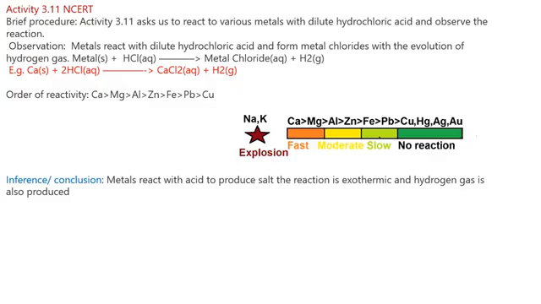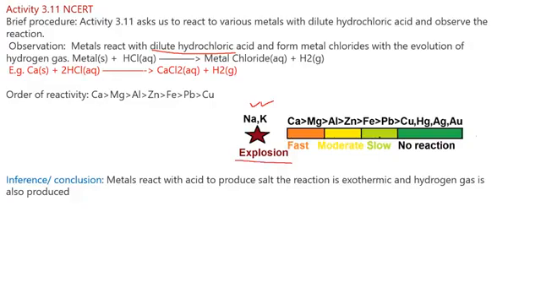Now coming to the next activity, here the metals are going to react with dilute hydrochloric acid. You can either take dilute hydrochloric acid or dilute H2SO4, right? In this activity they have taken dilute hydrochloric acid in the NCERT book, and we will find that sodium and potassium show a very explosive reaction with acids.